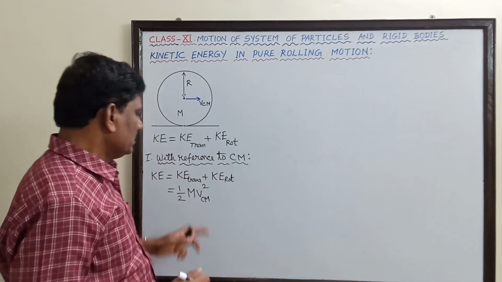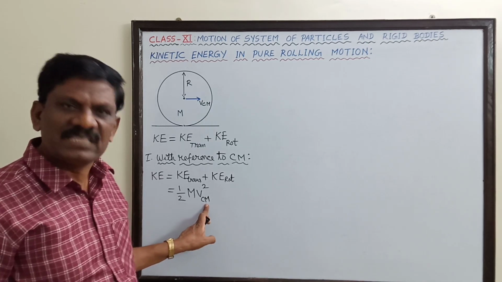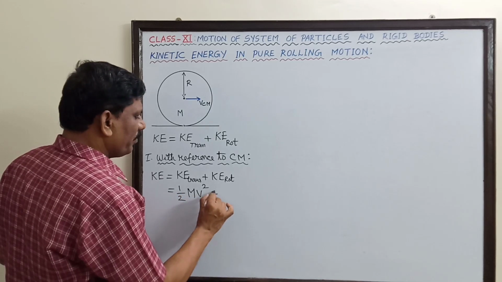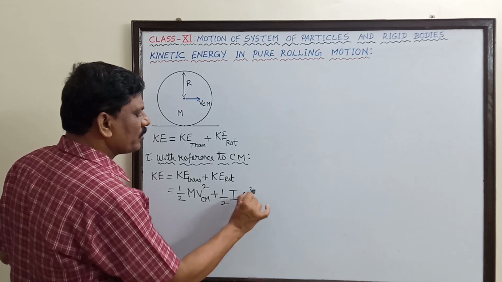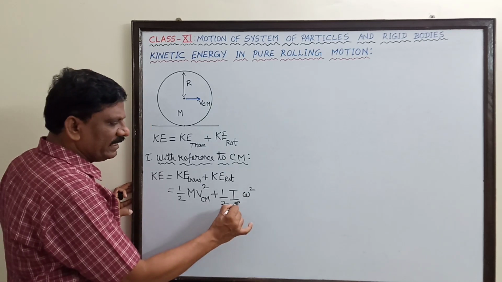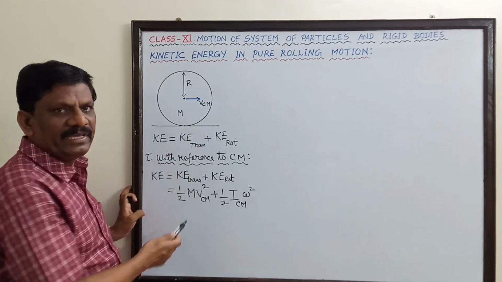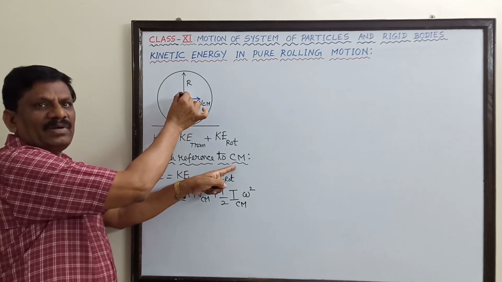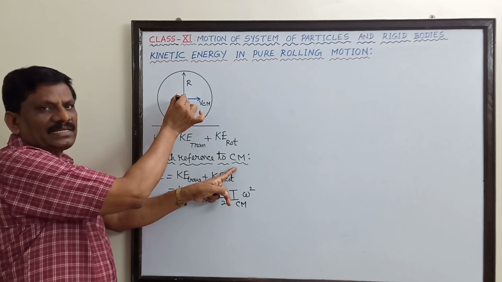So the velocity of translational motion is equal to the velocity of the center of mass. So it is half m v cm square plus half I omega square, where I cm is the moment of inertia of this wheel with reference to the center of mass, is it not? So the axis is passing through the center of mass.